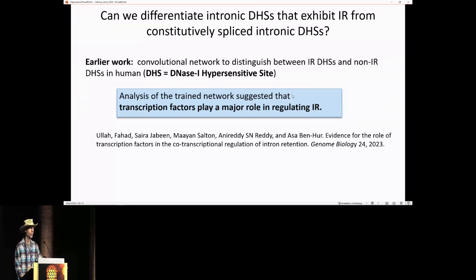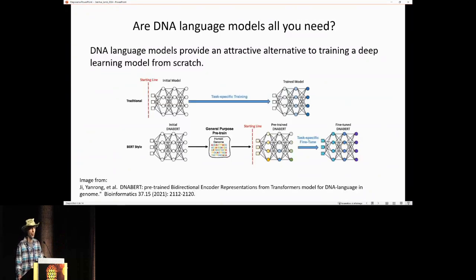So in the meantime, we dug in a little deeper and tried to find what we can do with other deep learning approaches other than that simple three-layer convolutional network that we used in our original work.